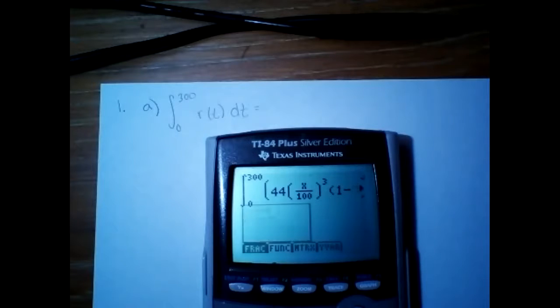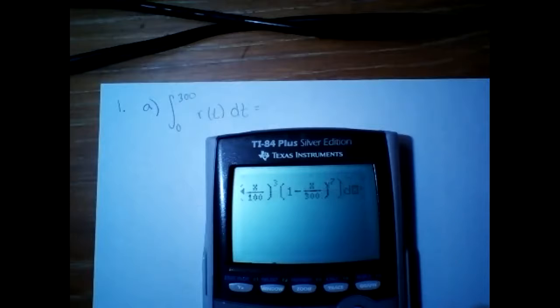It's going to be math 9, 0 to 300, then that function is 44 parentheses, then x over 100 to the third, another parenthesis, 1 minus x over 300, and that is to the 7th.